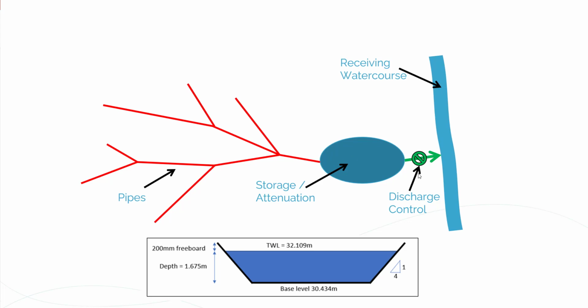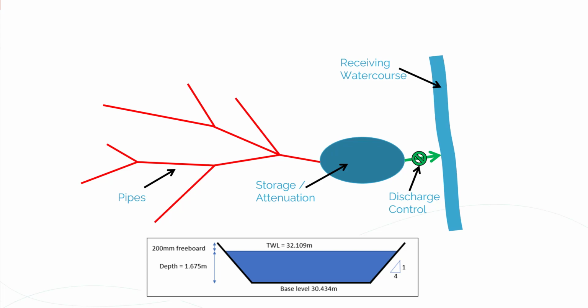Now what we're doing in this exercise, in exercise 6, is we're going to design a discharge control to meet that limit of discharge. So it may be an orifice or a pump or a hydro brake, but something is going to have to limit the flows coming through the pipes so that we don't exceed our limit of discharge into the receiving watercourse. Now you can imagine once we've concreted and tarmacked over our catchment, we are going to get more runoff from it, and that runoff is going to be faster.